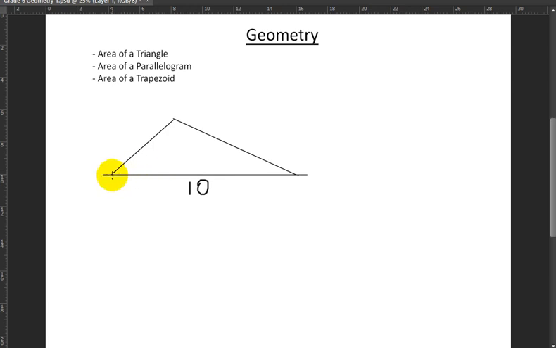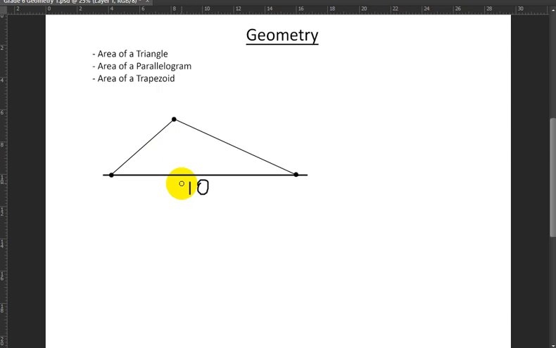Now, which of the three points of the triangle, so 1, 2, and 3, is looking at this side? This point is on the side, and so is this point, but this point up here is opposite of this side. You could say that it is looking at this side. It is opposite of it.